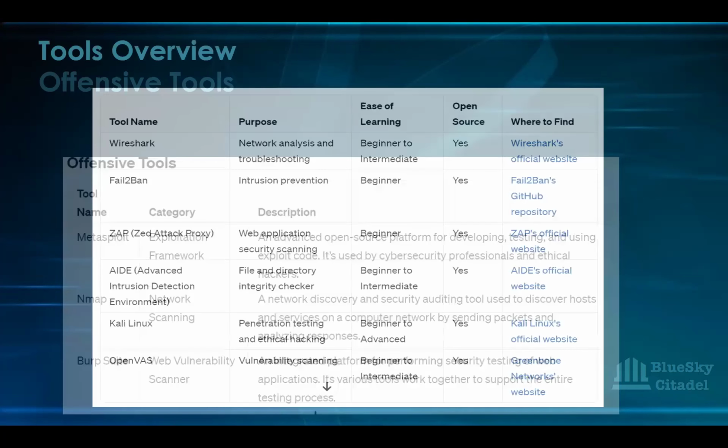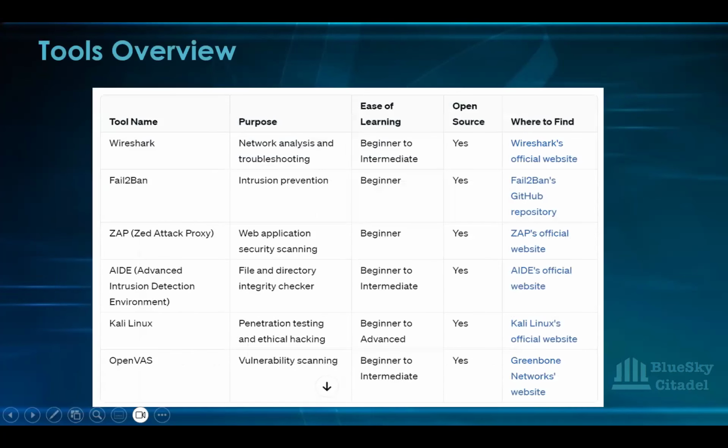We have an overview as well, just to let us know and have an idea of the ease of learning these tools, whether they're open source or not, and where to find them. So Wireshark, they got the official website.